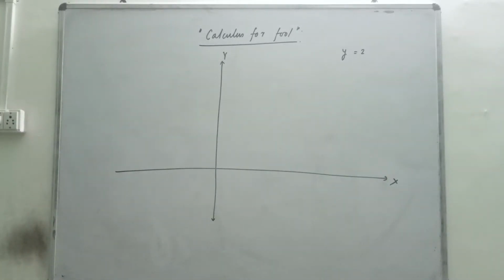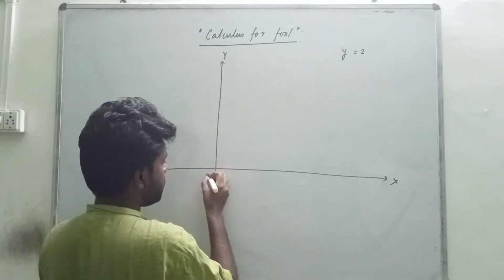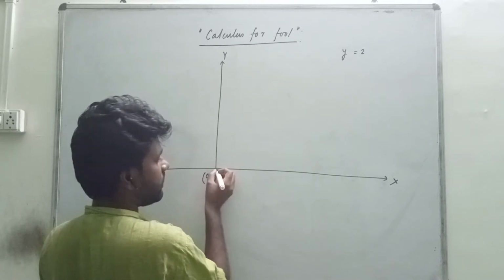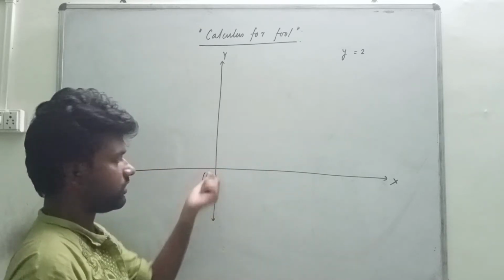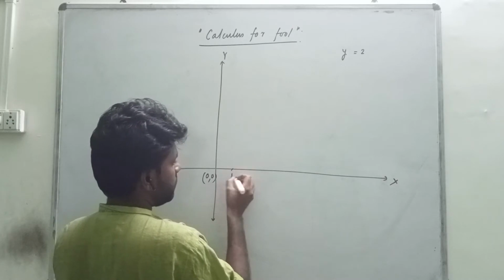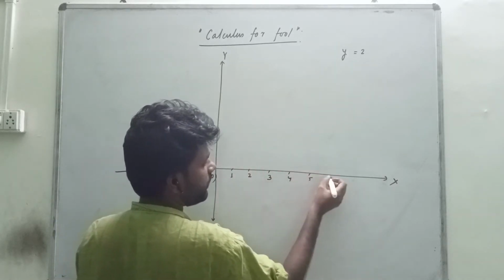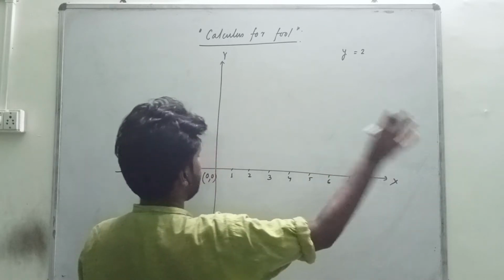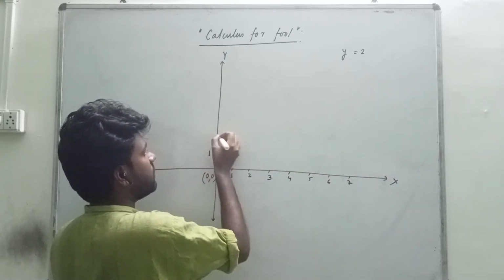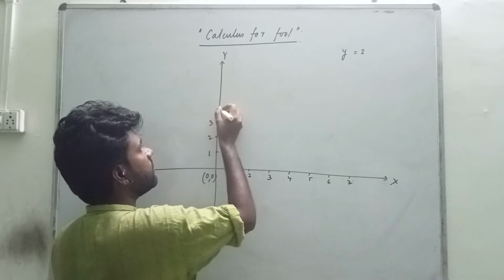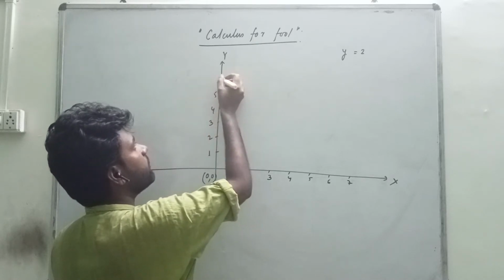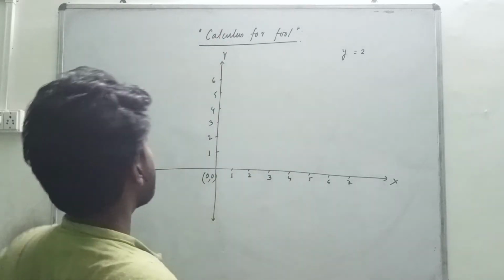Name the origin 0, 0, that is x is 0 and y is also 0. Then 1, 2, 3, 4, 5, 6, 7, and many more along both axes.